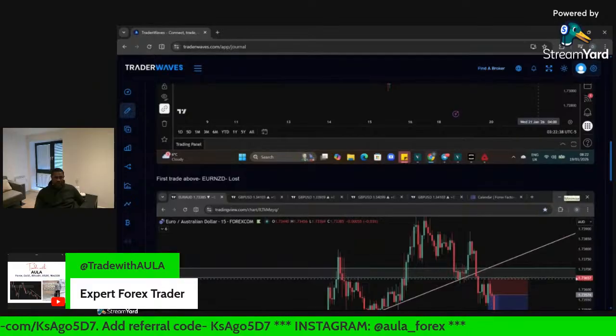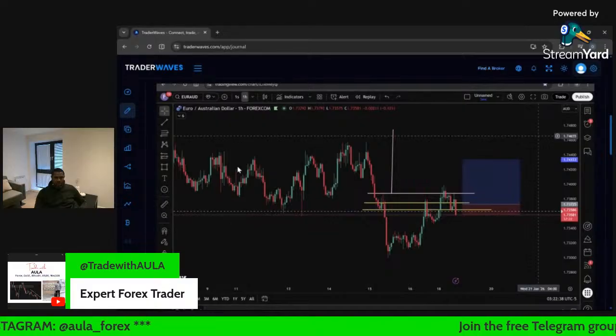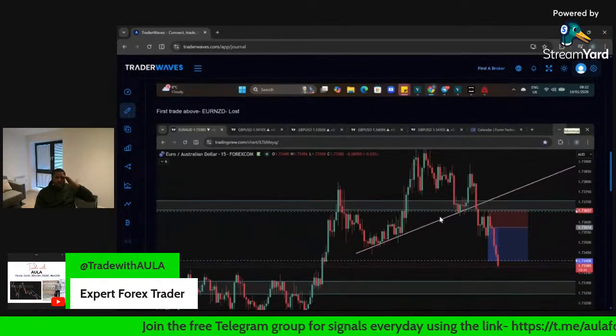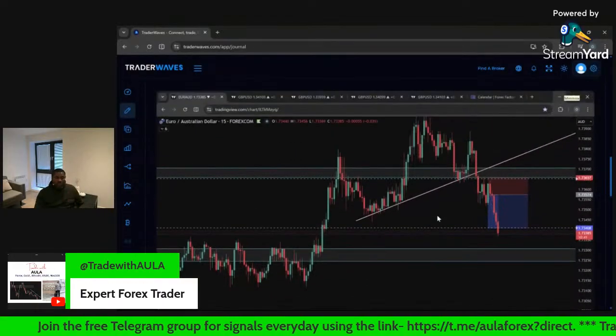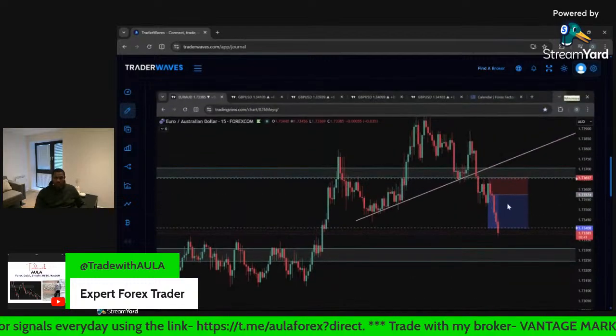I lost this trade. Then I took Euro Aussie again. I lost this trade, as you can see. Then I took the second trade, which is Euro Aussie as well. Okay. Then I won this trade.